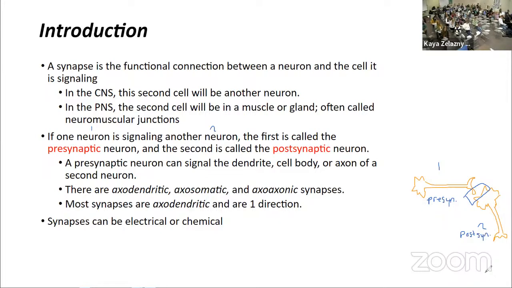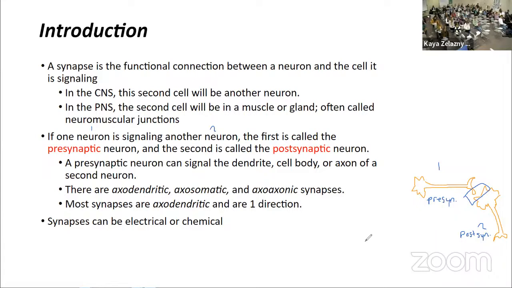When we talk about what's happening at our synapse, we're going to be specific and say we're releasing neurotransmitters from a presynaptic neuron. They're being received by receptors on the postsynaptic neuron. So that's why we want to know these terms, so that we can talk about what's happening in each of those cells. So the presynaptic neuron, that first one in the chain, is going to signal to that postsynaptic neuron, and that connection can happen at a number of different points.